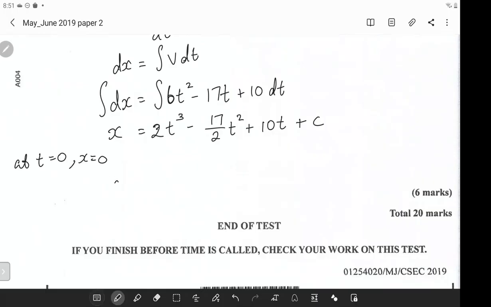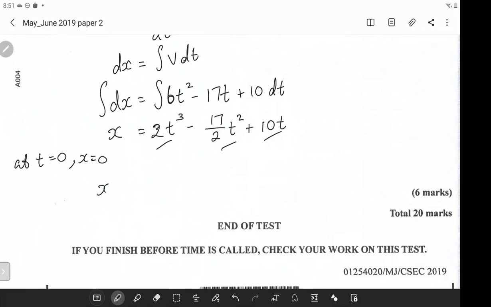So we have 0 is equal to, but this is 0, this is 0, this is 0. So therefore c is equal to 0 as well. So we can just ignore it. And we want the 4th second. All right, in the 4th second, that means we just put t equal to 4.